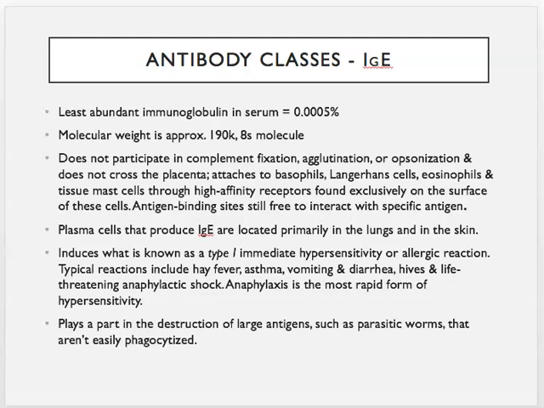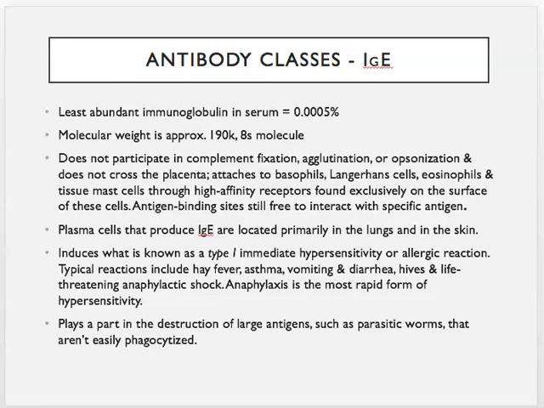Some typical reactions are hay fever, asthma, vomiting, diarrhea, and hives, even as bad as anaphylactic shock. Anaphylaxis is the most rapid and most severe form of hypersensitivity. We get much more into hypersensitivity reactions in the last unit.